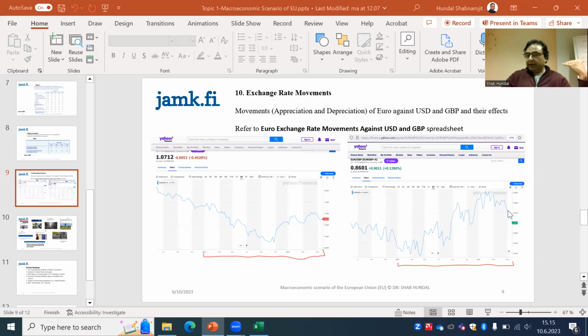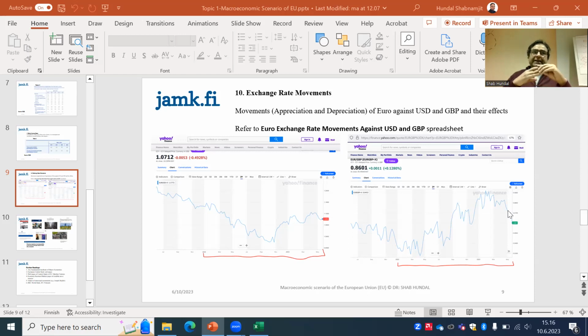except for the month of May. Which basically means that if you look at the movement of the euro vis-a-vis the US dollar, and the movement of the euro vis-a-vis GBP, except for the last month, the euro is getting stronger against the two other global currencies, the USD and the pound sterling.